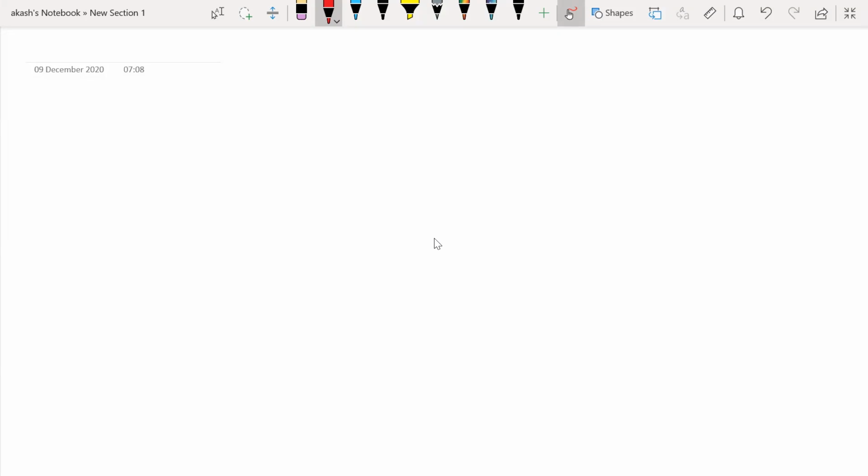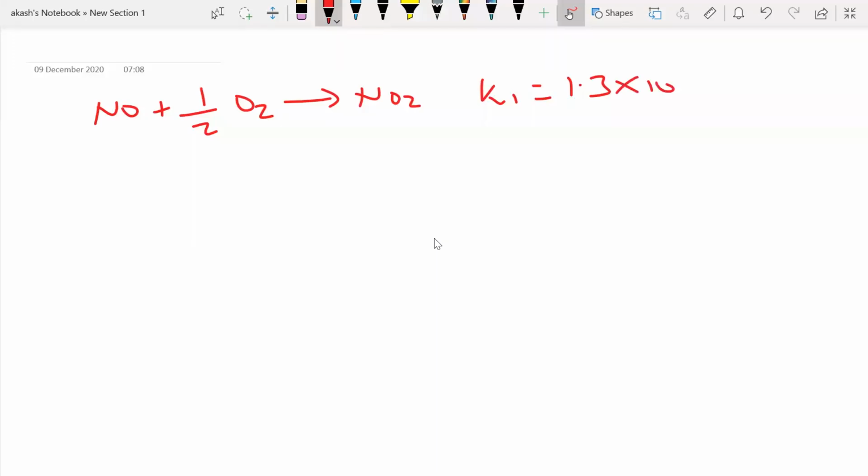So guys, they have given this. So the equilibrium constant K1 for this reaction is 3 into 10 to the power 6. Right.